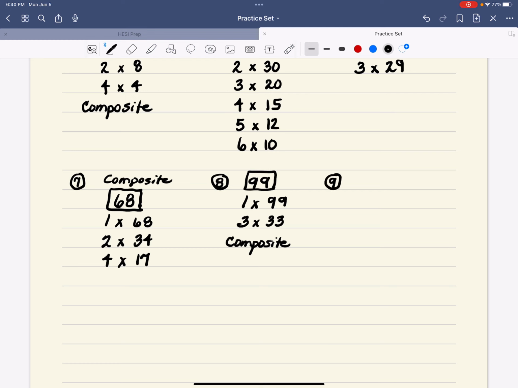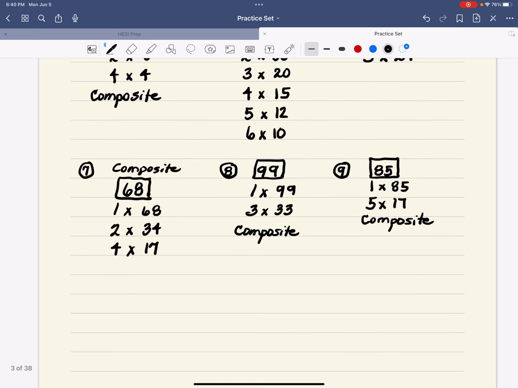Number 9 is an 85. 2 won't work on this one, but a 5 will because it ends in 5. I'm not sure how many times it'll go. Let me check 3 before I know. Okay, 85 divided by 5 is 17. So this one is also composite. It's composed of many factors.